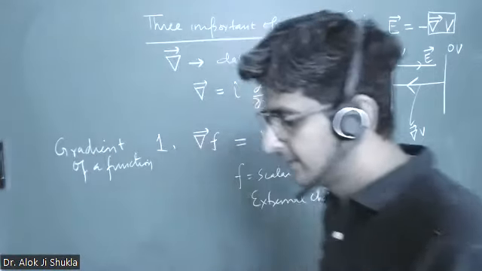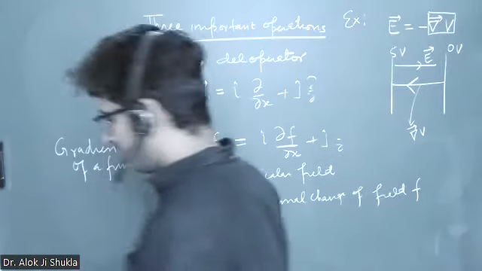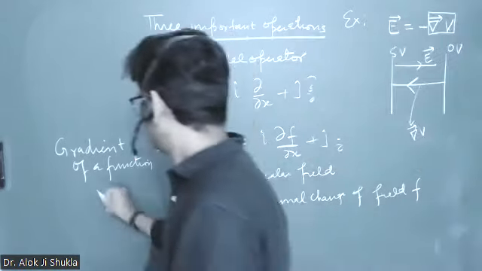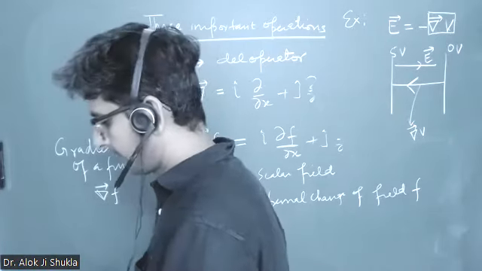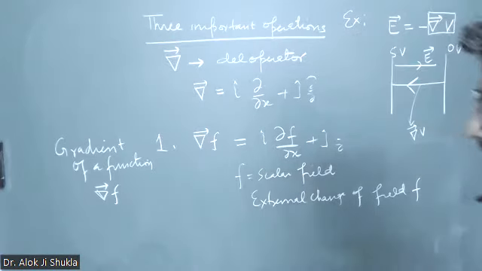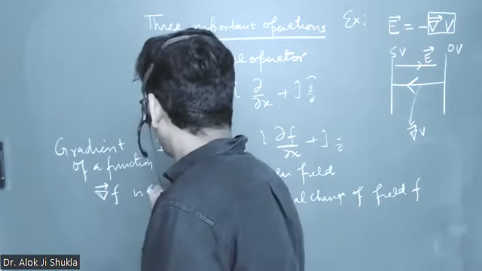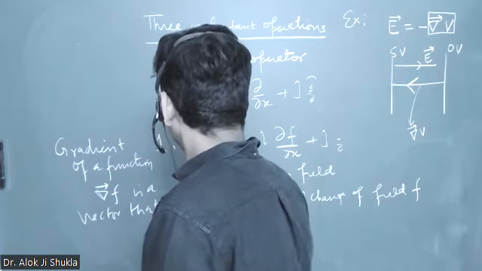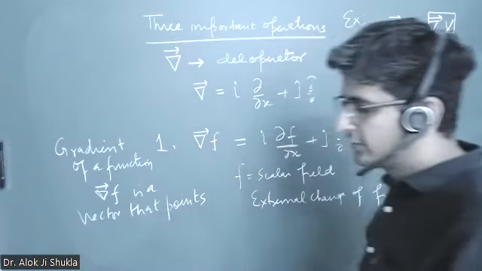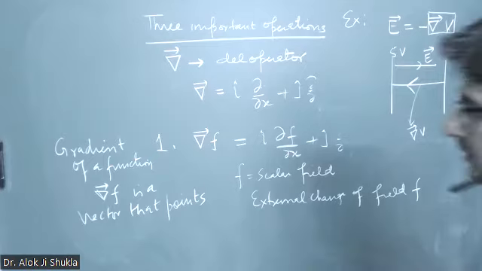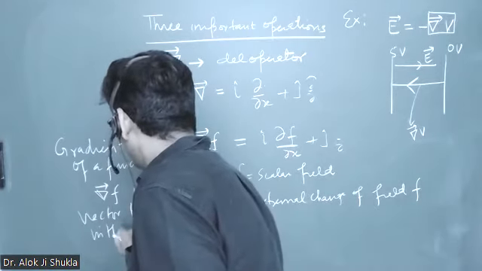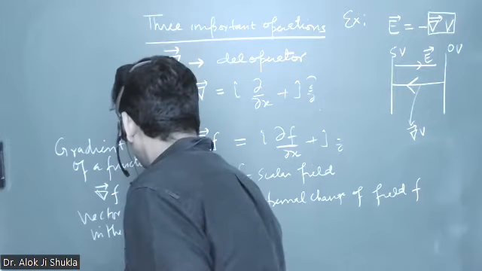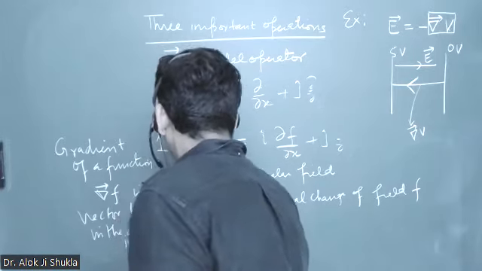So please write in a sentence: the gradient of f is a vector that points in the direction of maximum increase of f.